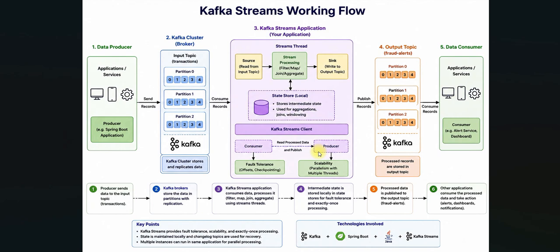So it stores the intermediate state, so that we can do the aggregations, joins, and windows. The Kafka Streams client acts as a consumer and producer, providing fault tolerance, offset checkpointing, scalability, and parallel operations. It reads the processed data and publishes the records to the output topic, whether success or fraud alerts. In our section, we just check the conditions.